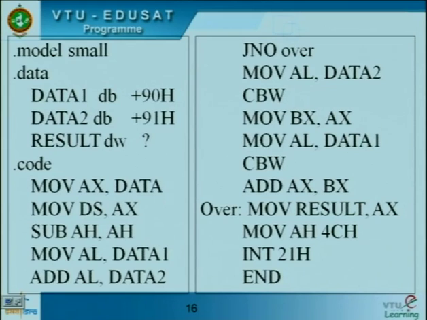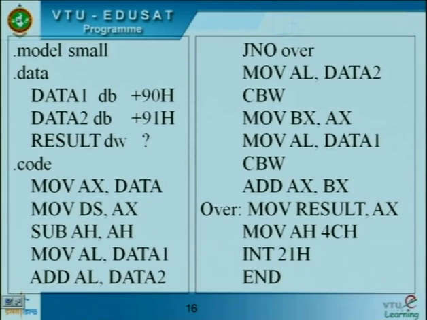There is again a small mistake here which you have to note, identify and correct as you see such things, because MOV AX, .DATA will not work. We will have to write MOV AX, @DATA. That moves the address of the data segment into the AX register, and then the content of AX, which is the segment starting address, is moved into the data segment register. Then the next instruction is SUB AH, AH.